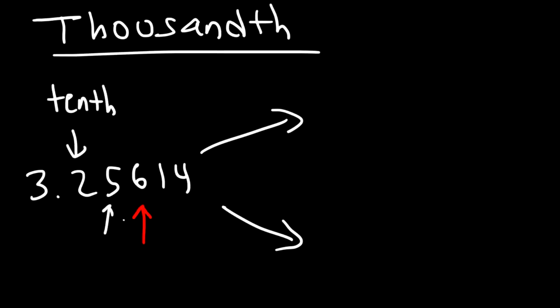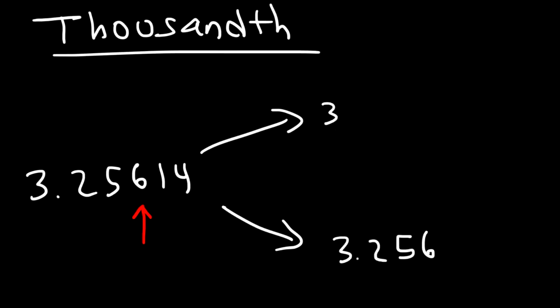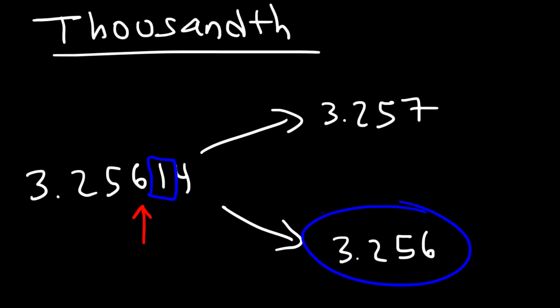This is the hundredths. And so this has to be the thousandths. So we're either going to keep it at 3.256 or we're going to round it up to 3.257. So looking at the next number, it's less than 5, so we're going to round it down to 3.256.